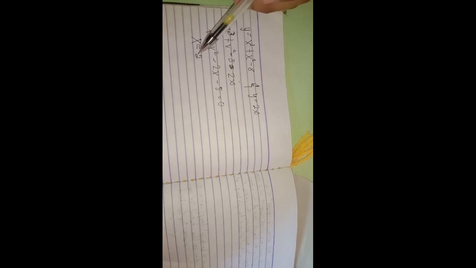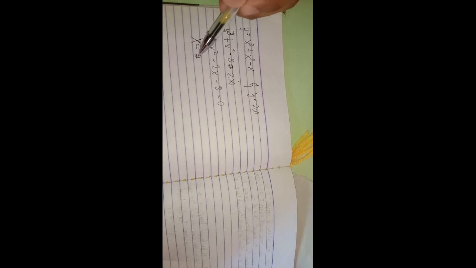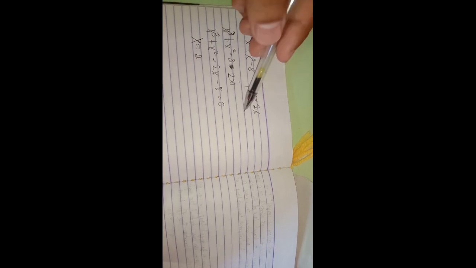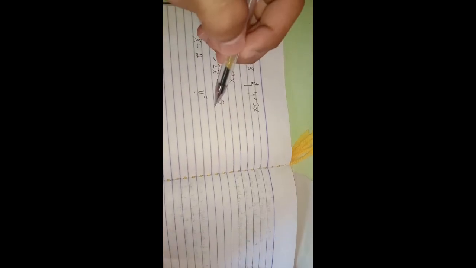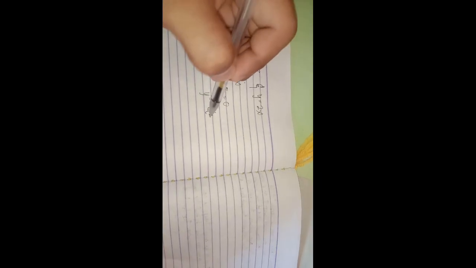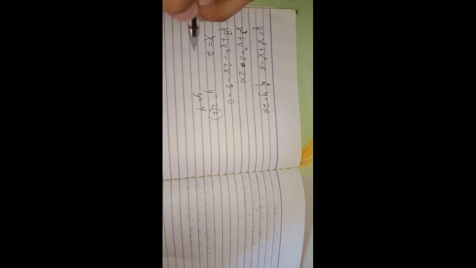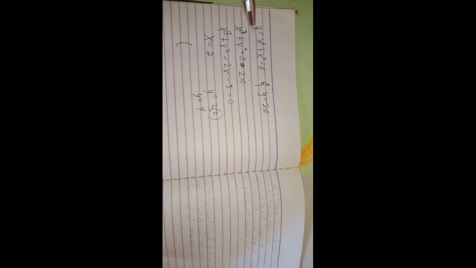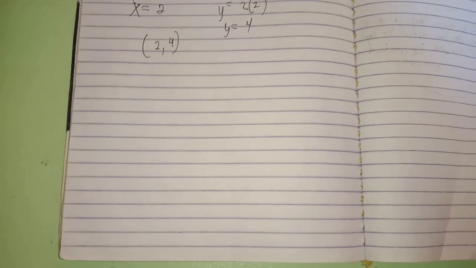We are going to use x to get the value of y. So here y equals 2x. What is the value of our x? Equals 2. So y is equal to 4. That is our first step. The point is (2, 4), and we are done with the first step.